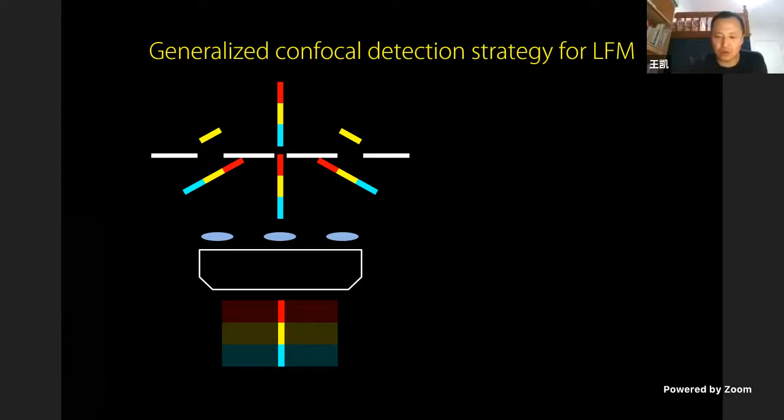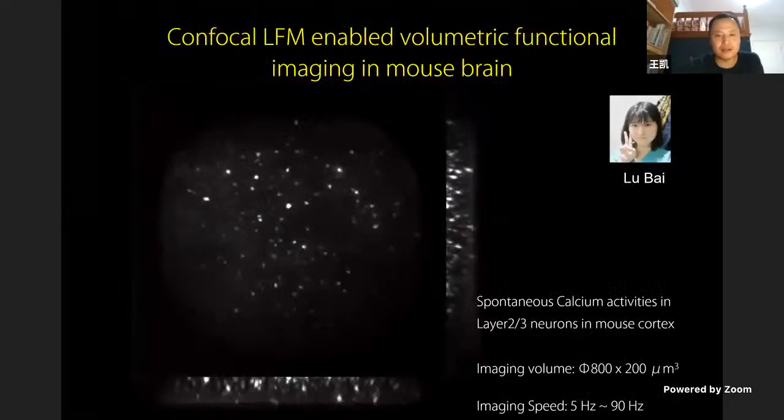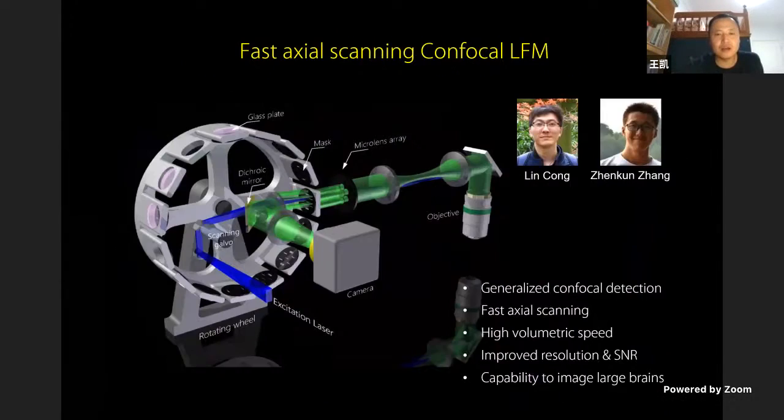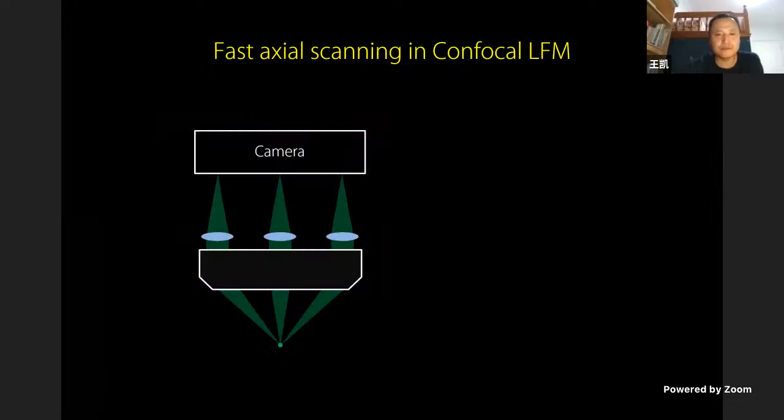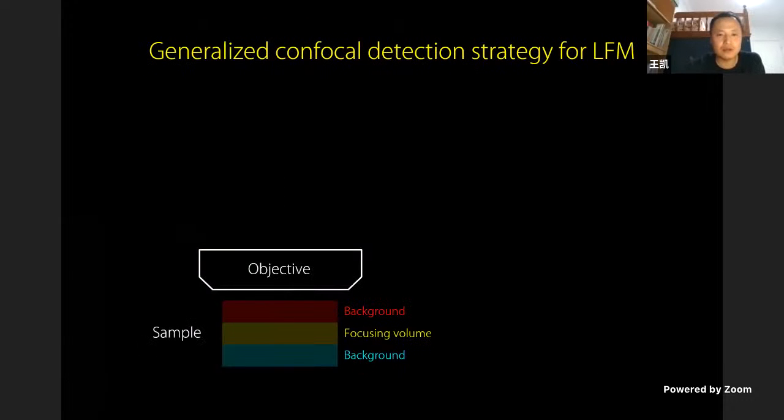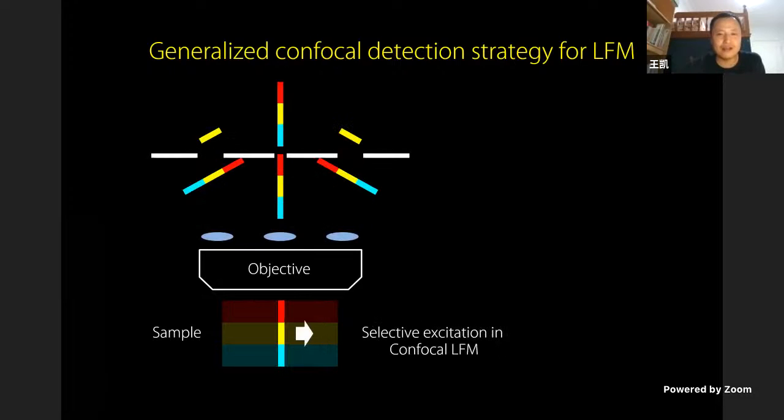Okay, so let's go back to, so right. Sorry, I'm trying to find that slide. So I think I get your question. So the opening is chosen to fit the ray range of the detection microlens.